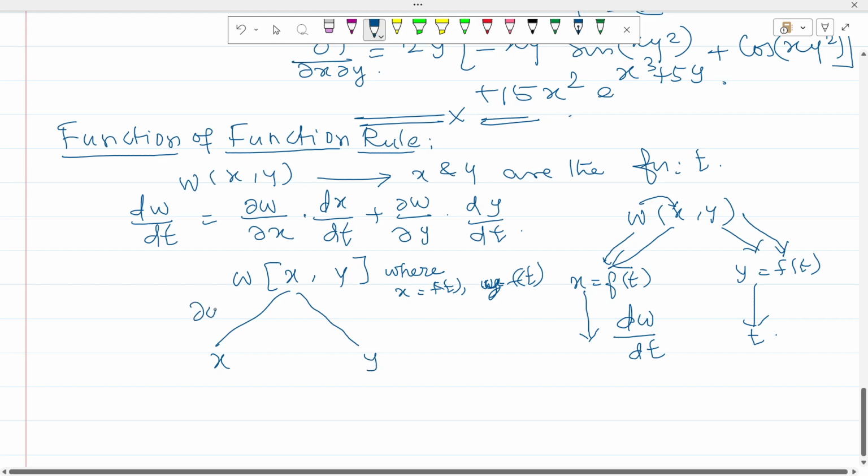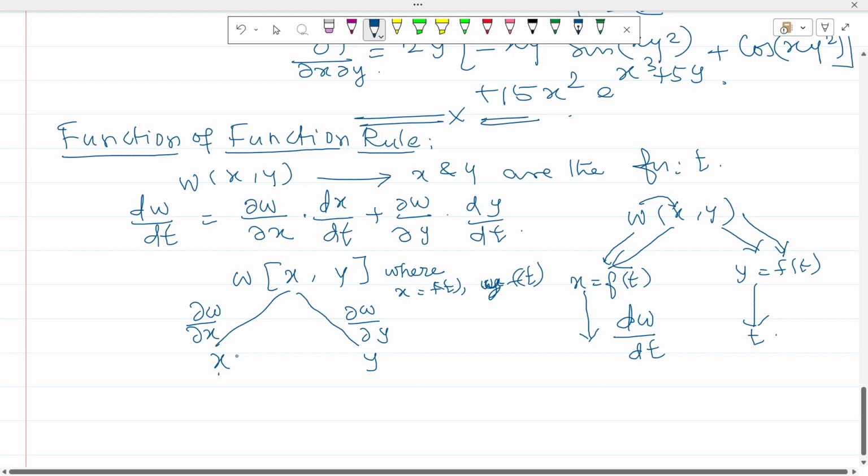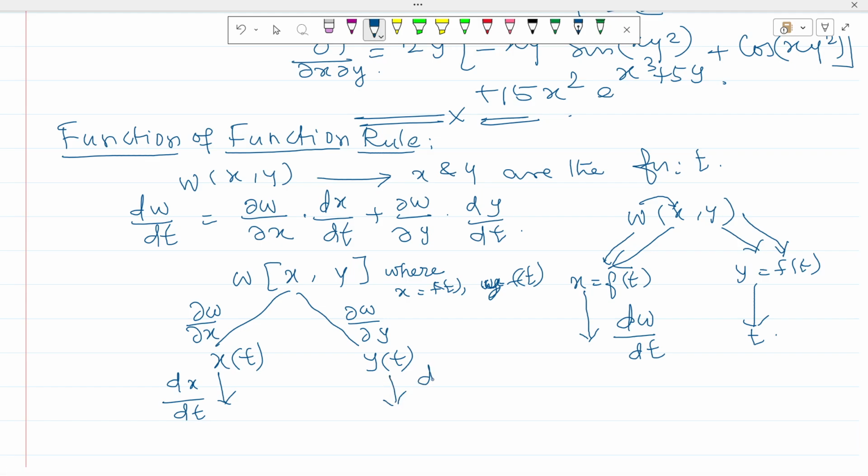We can find del w by del x and then del w by del y. But x is the function of t, then we can find dx by dt. y is the function of t, then we can find dy by dt.